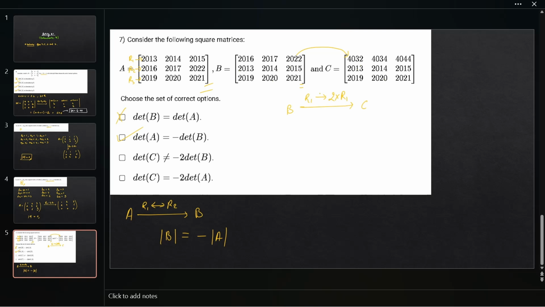So what happens if you multiply a particular row with a constant? The value of determinant of the matrix gets multiplied with the same constant.